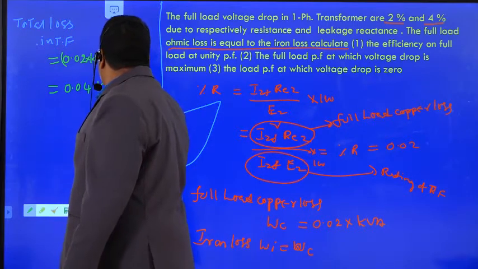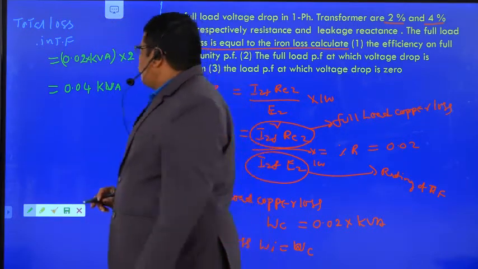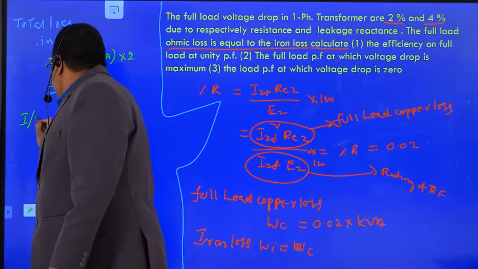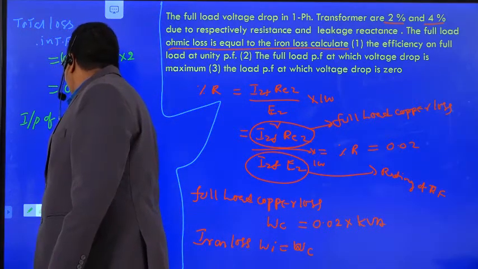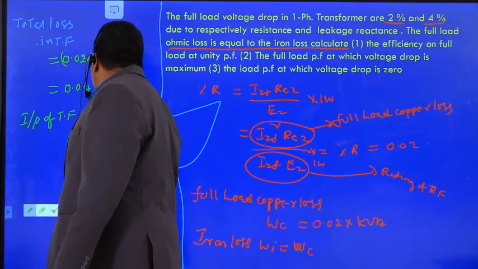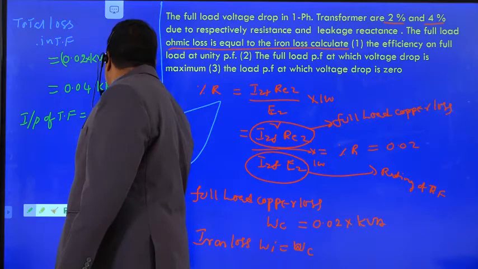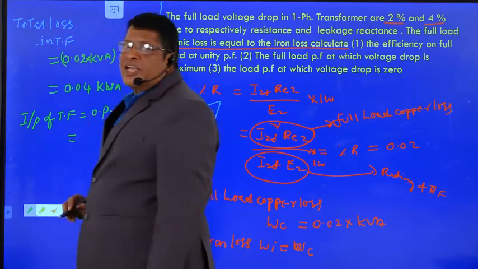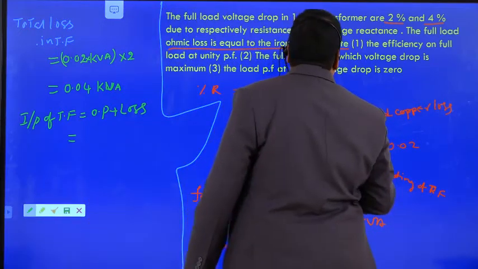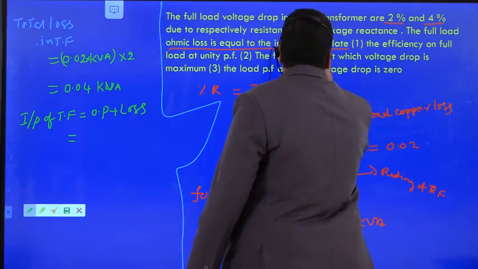So the input of a transformer is equal to the output plus the losses in the transformer. Output is nothing but the kVA rating of the transformer. The power factor is given as unity, at full load.